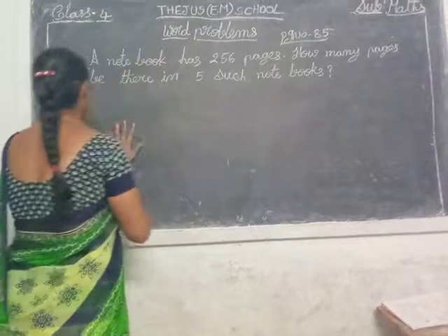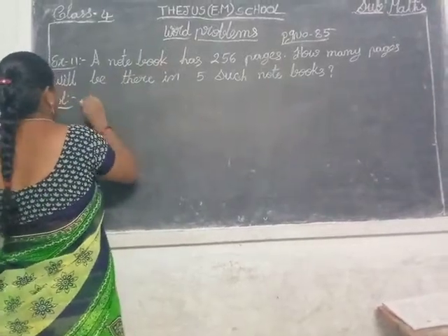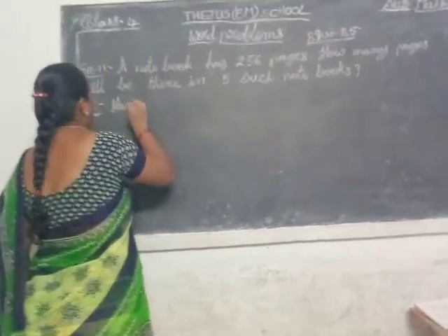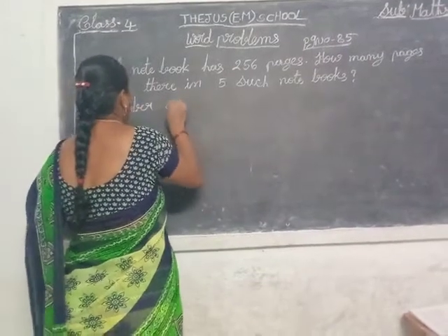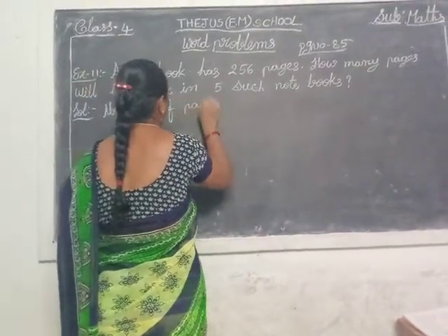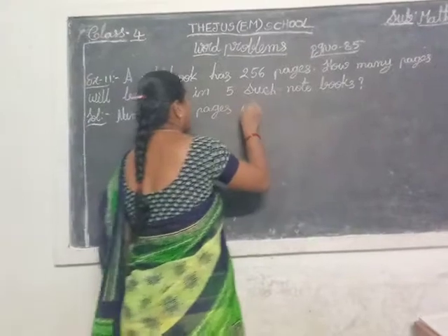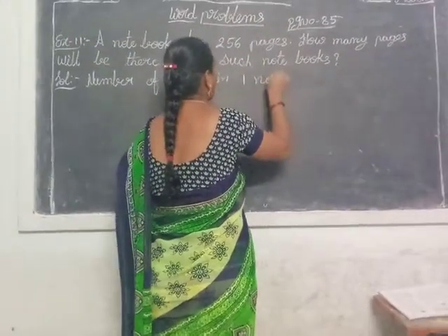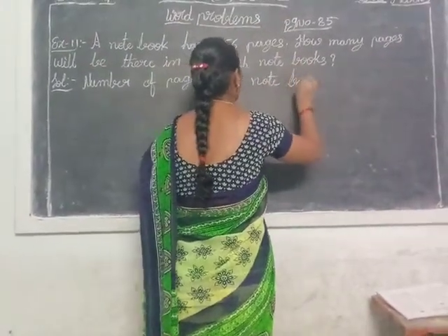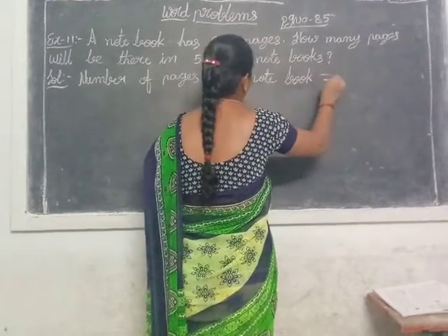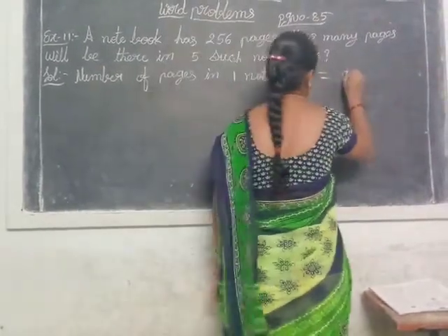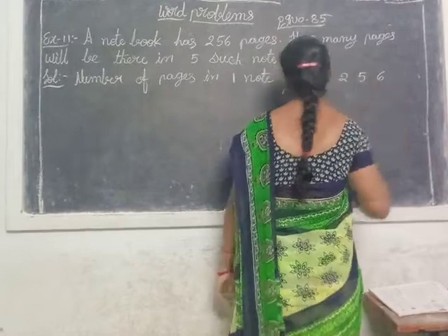First you write here total number of pages in one notebook. How many pages in one notebook, children? 256. So write here 256.